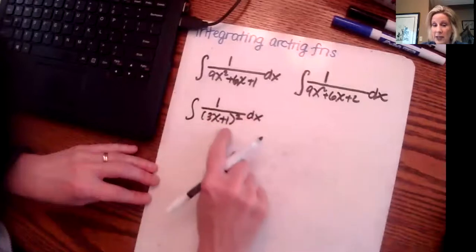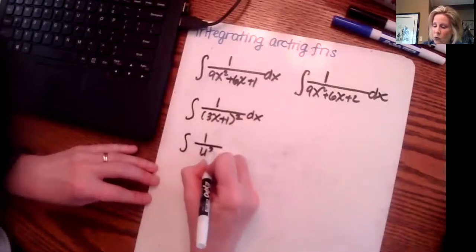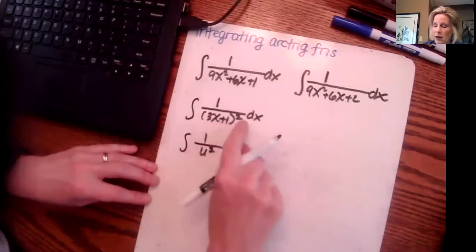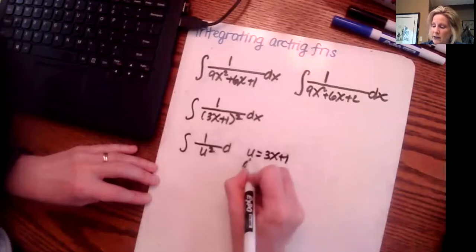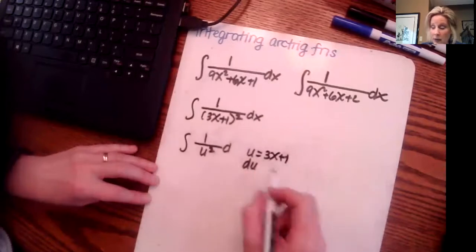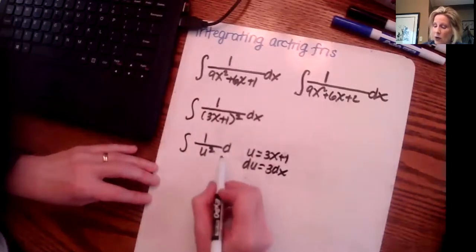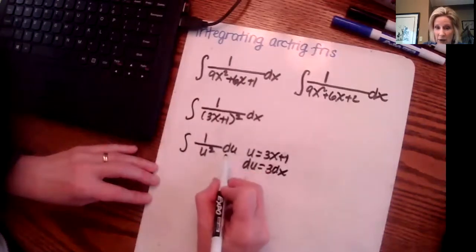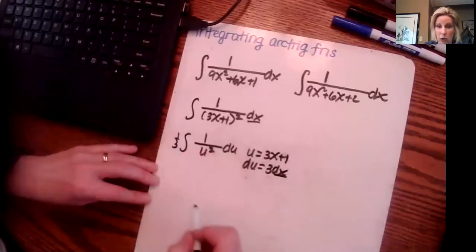So if I do this, notice it's in the form of just 1 over u squared, because I could let u be 3x plus 1. Du, since u is linear, du is just going to be 3 dx. So if I want du right here, just take the dx and say that's 1/3 du.